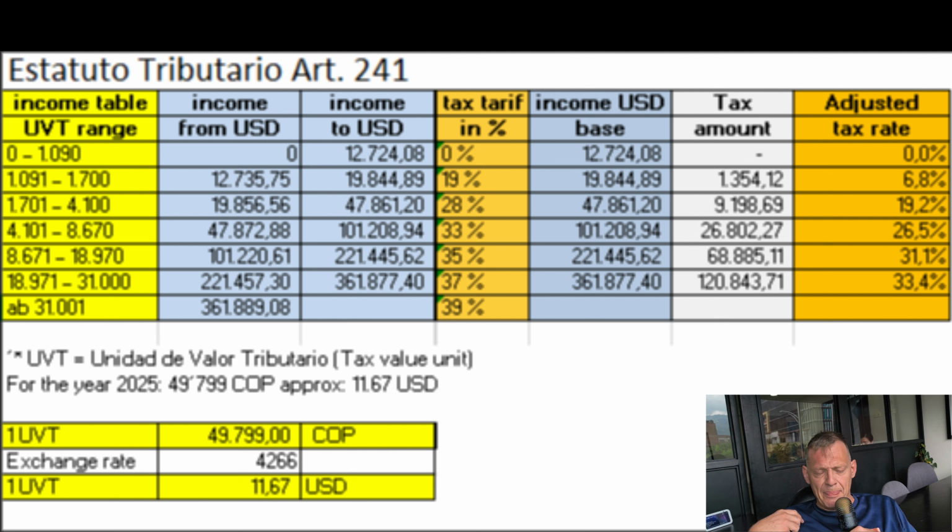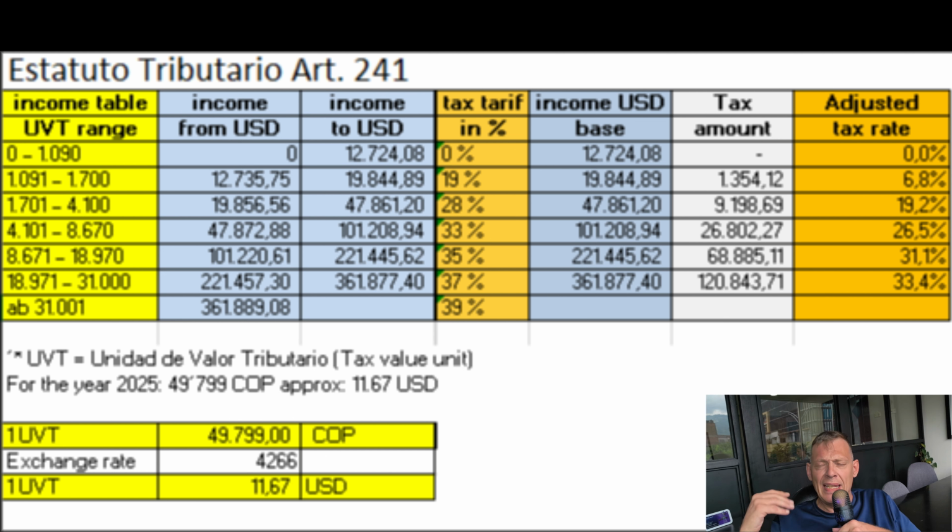And let's look, what does this mean exactly? Therefore, in the line base, you see, for example, in the third line, 47,000 US dollars. This means you would have to pay 9,000 US dollars. This is an adjusted tax rate of 19.2%, not the 28 as you see in the column before, which is the tax rate only for this income range.